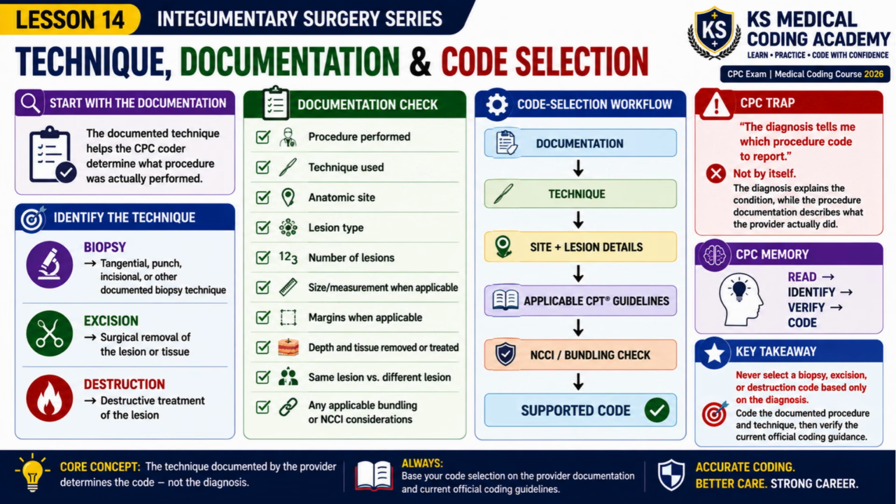The diagnosis tells us about the condition, while the procedure documentation tells us what the provider actually did. Your CPC memory rule is, read → identify → verify → CODE. Never select a biopsy, excision, or destruction code based only on the diagnosis. Base your selection on the documented procedure and technique, and always verify the current official coding guidance.